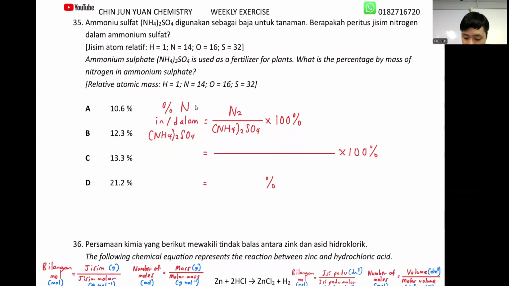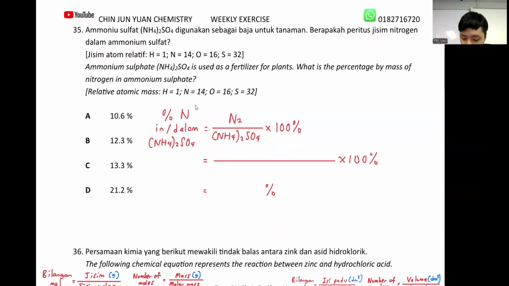So N2, 1 N is 14, right? N2 means 2 times 14. You must ask me why you got N2.